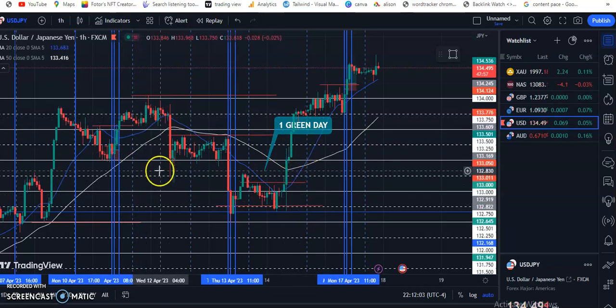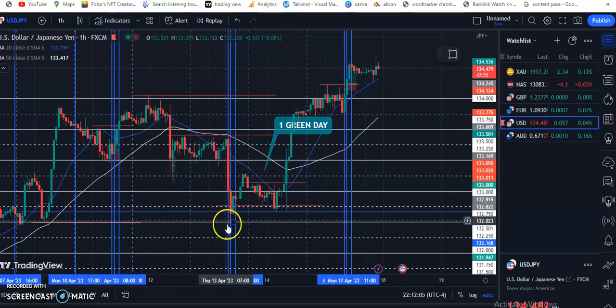So we have one push, two push, and then a mini W. The peak formation was set on the previous day's New York session. Then during the London session, they came down to the peak formation, but failed to break below it. So it gave us our first green day.